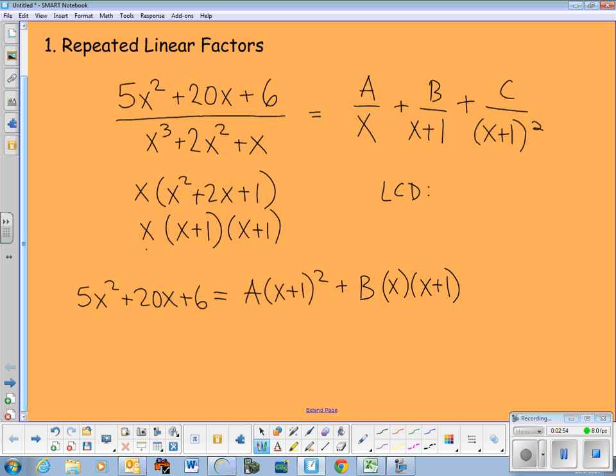The least common denominator is x times (x plus 1) squared, because that's the denominator that I can make each of my fractions have through multiplying. The C only is lacking the x, so just Cx. Now remember, we've just essentially crossed out the denominator under all of these. We just zoom through that step because there's no need to write it under them all and then cancel it out.